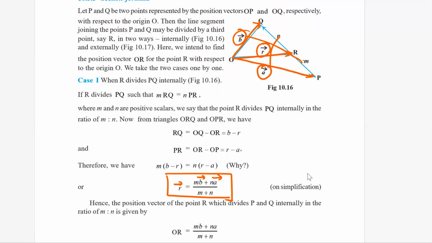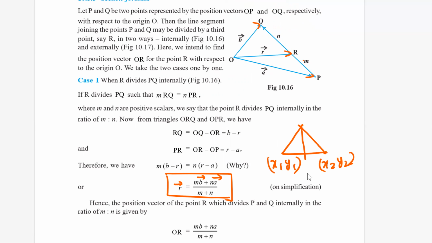Cross multiply. In section formula in class 10th, we used to do the same only. This was x1, y1, x2, y2, and suppose there is a point which divides in ratio m1 is to m2.